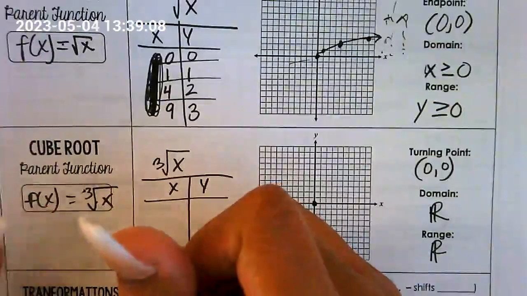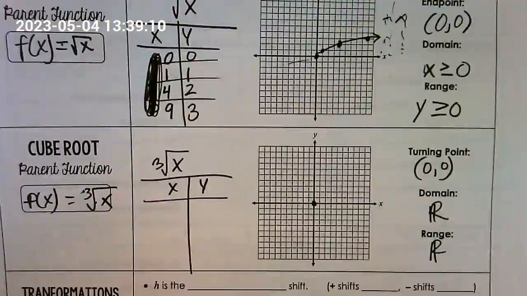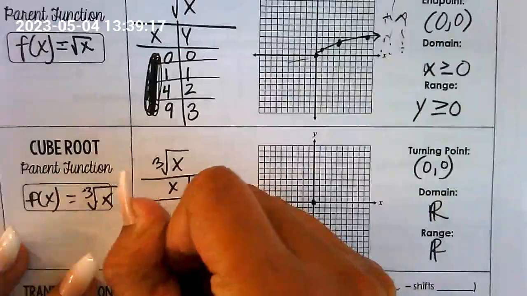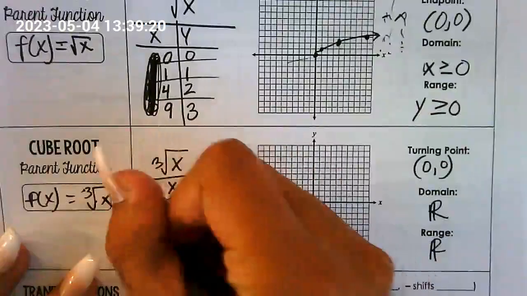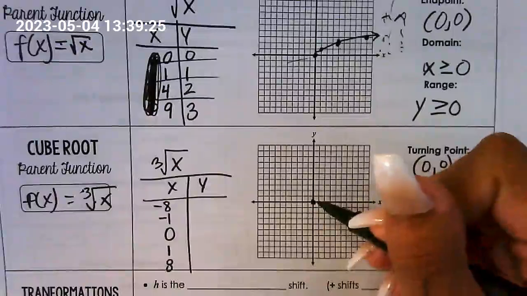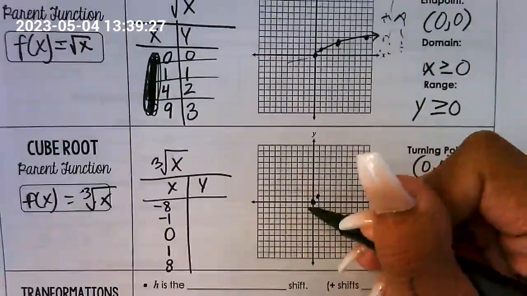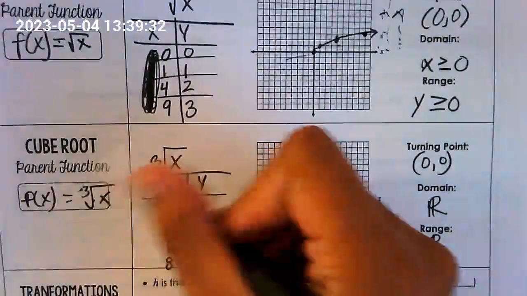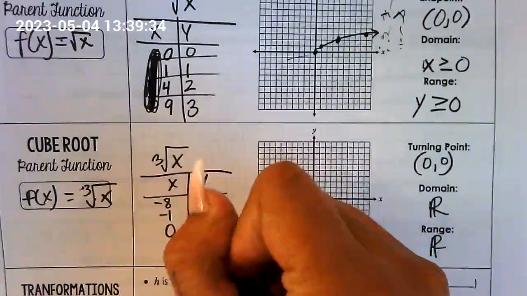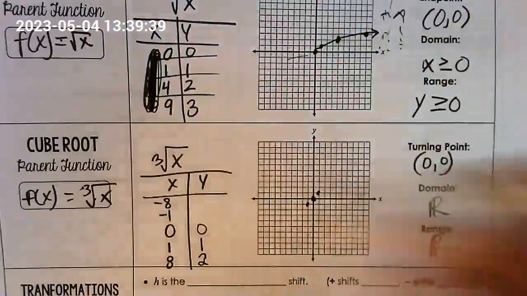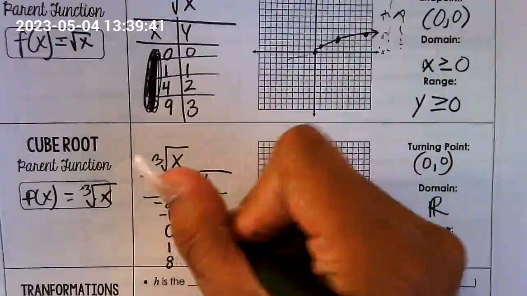So, we're going to do 0, 1, 8, then negative 1, and negative 8. So 0, 0, we have 1, 1, negative 1, 1. Let's go to 8. It's going to be 0, 0, 1, 2, and then negative 1, negative 2.